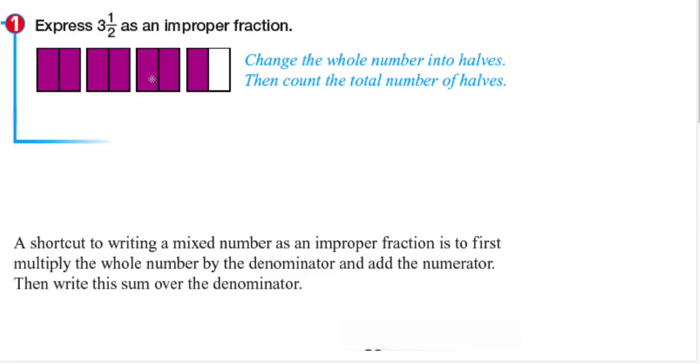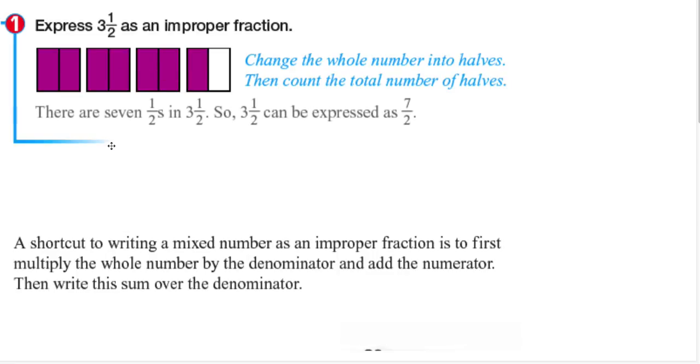After getting 3 and 1/2, change the whole number into halves, then count the total number of halves. How many halves are there? 1, 2, 3, 4, 5, 6, 7. So there are 7 halves in 3 and 1/2.